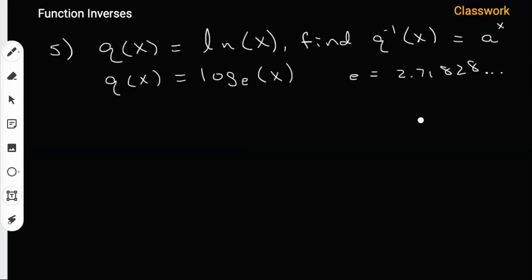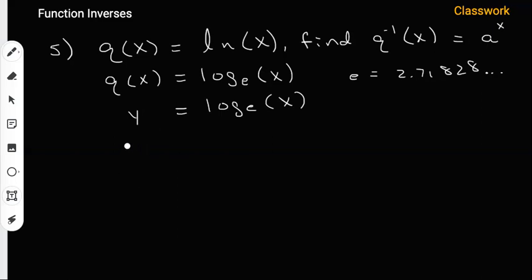But this is going to be the base for the natural logarithm. So it's okay if we replace this ln with a log base E of x, right? What I'm also going to replace is Q of x with a y, but keep everything else the same. So all I did was replace Q of x with a y, and replace ln with log base E.